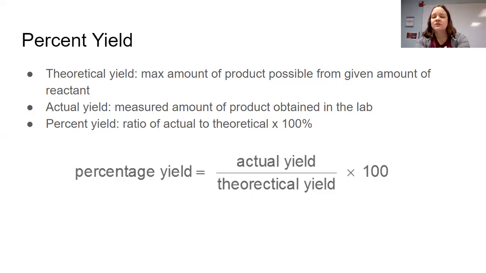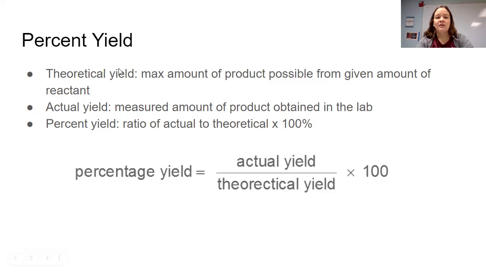So the theoretical yield is the maximum amount possible, but there's always going to be some amount that gets lost due to impurities, or you have byproducts that form, or competing reactions that come in. So you never actually make that amount. That's why it's theoretical.